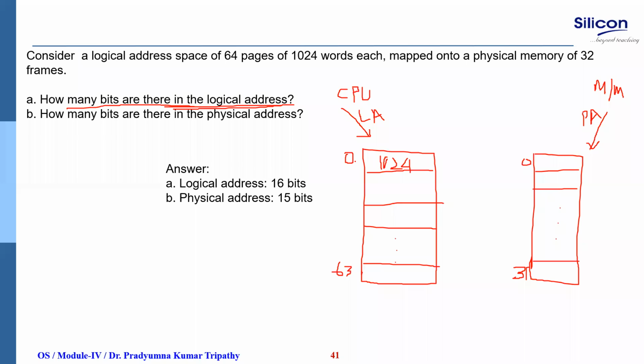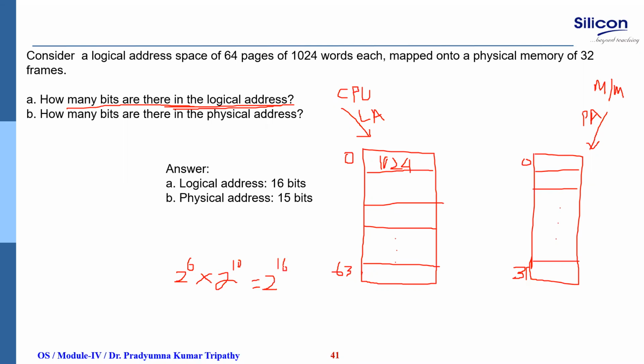So there are how many entries? There are 2 to the power 6 entries. What is the size of each entry? 2 to the power 10. So that gives you 2 to the power 16.